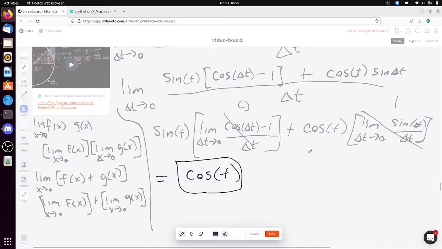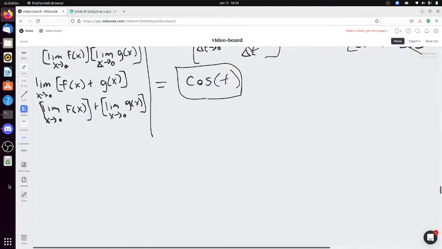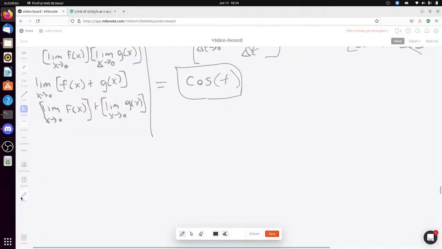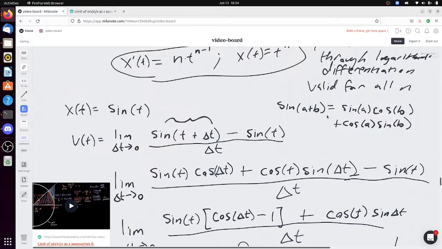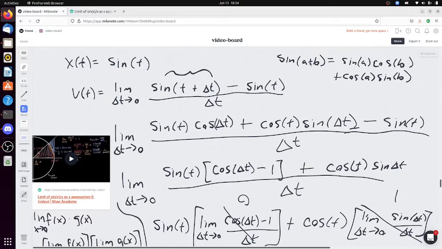And now I want to also do the derivative of cosine just to get an idea of that. And remember, this relies on basic trig identities. So we basically just use this angle sum formula right here to expand this.